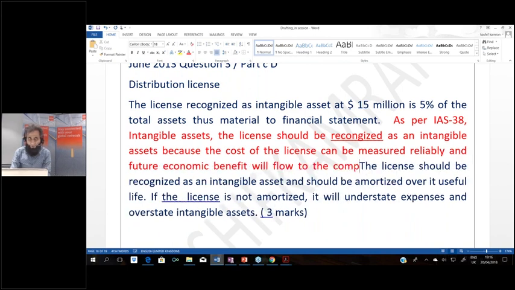The company has got an exclusive license to distribute the soft drinks. So the future economic benefit will flow to the company, full stop.